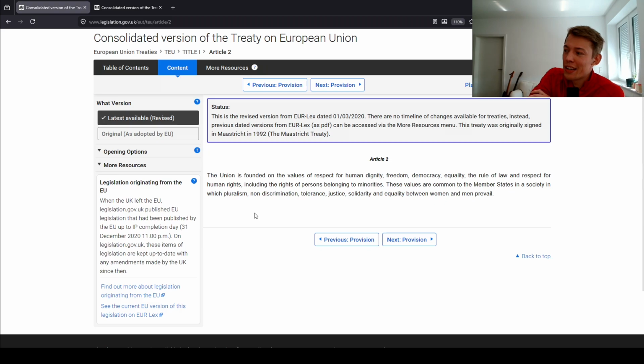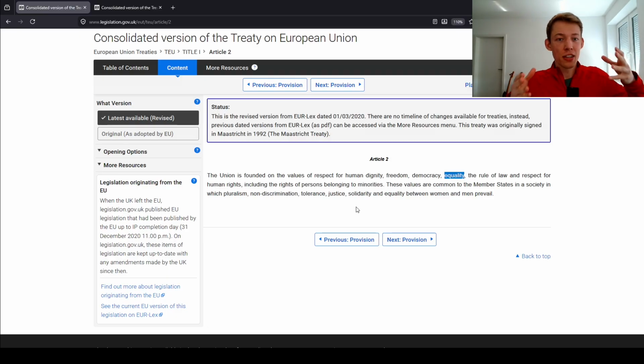Well, it says equality in this provision, so we could think about whether we can decide our equal pay case in front of the national judge based on Article 2 TEU, but this is really, really broad. What is equality? Equality does not give us a clear and precise legal consequence on which basis we can decide the case. It's not clear enough.